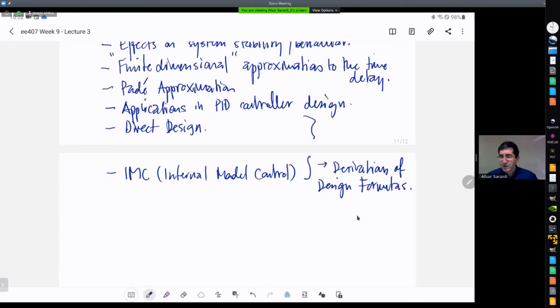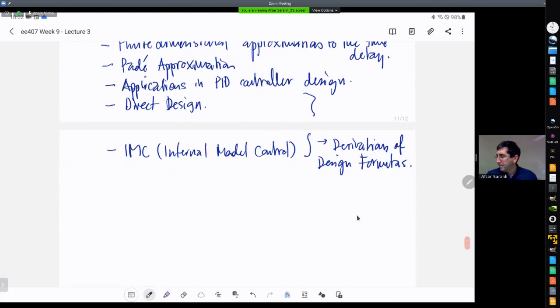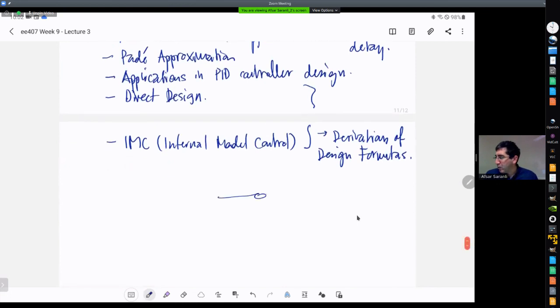Okay, so we will know exactly where those design formulas are coming from. Okay, we will start with direct design, which will cover some of the design formulas, and then IMC will be a more elaborate discussion, and that's going to give us the full PID design formula that is on the last two rows of the design table. Okay. Any questions so far?